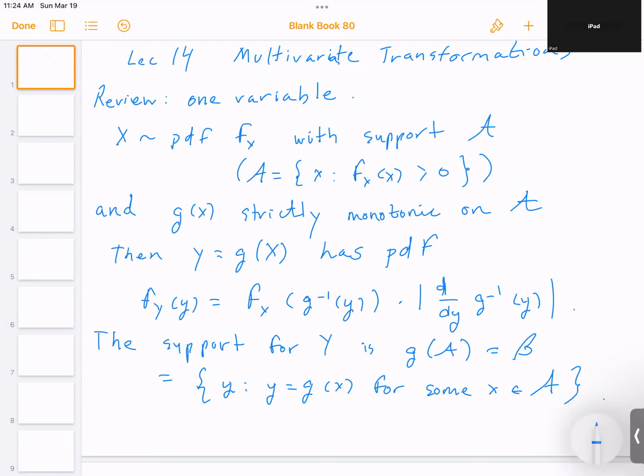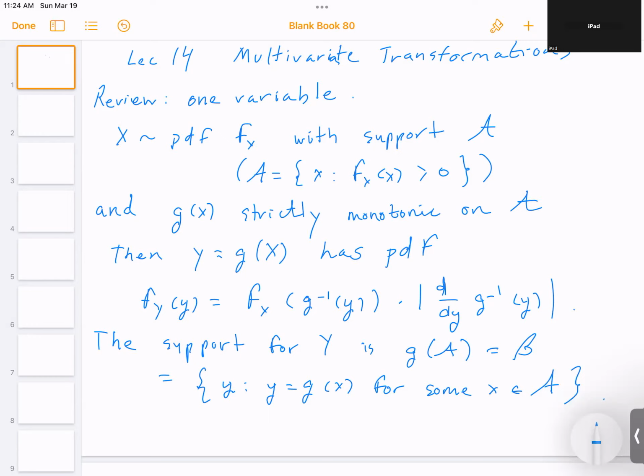Let's review the case of one variable. We're talking about continuous random variables throughout the discussion, although we can do this for discrete ones. They might not be computationally easier all the time, but theoretically they're easier to understand, I think.